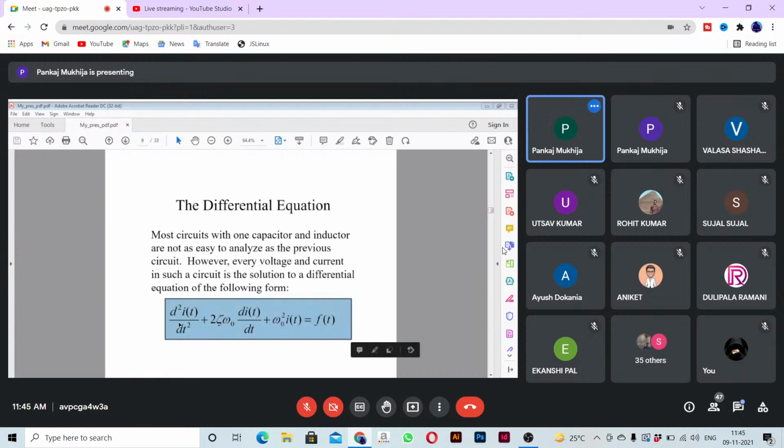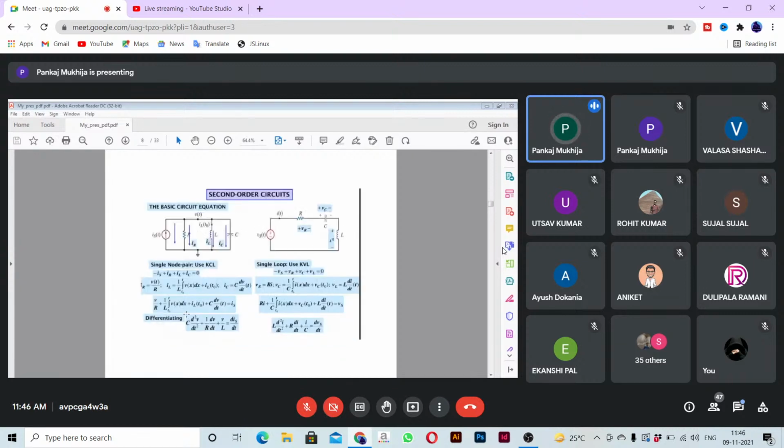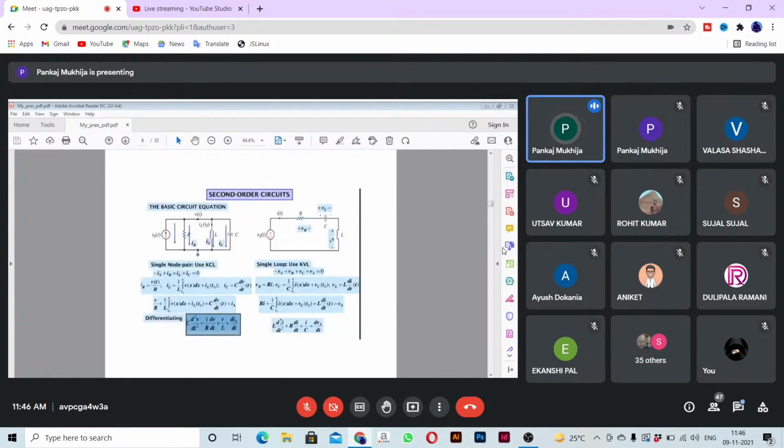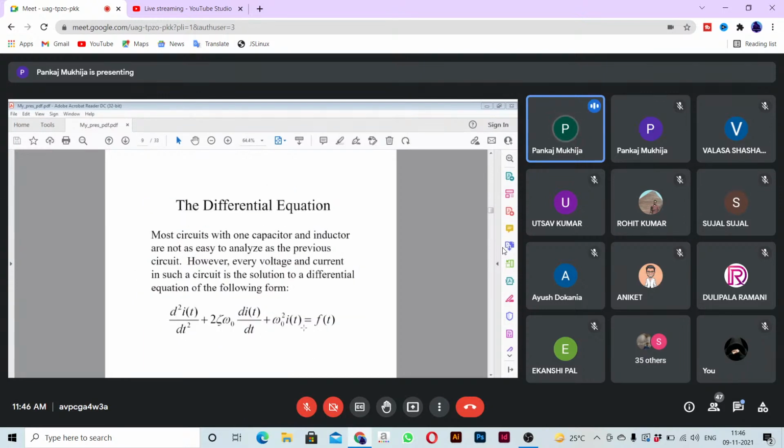Now, don't worry, these are new parameters that we are introducing, this zeta and this omega naught, and I'll be explaining these parameters. But otherwise, any second order differential equation we can express in this form. Can you see this? The first case, we can express in this form. Similarly, the second, we can express in this form. So this is the general form.